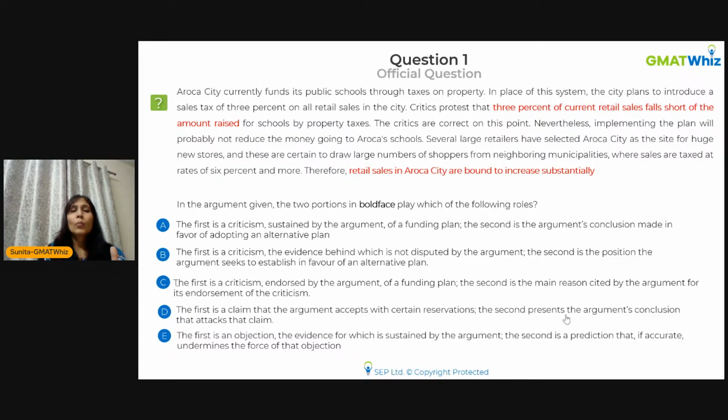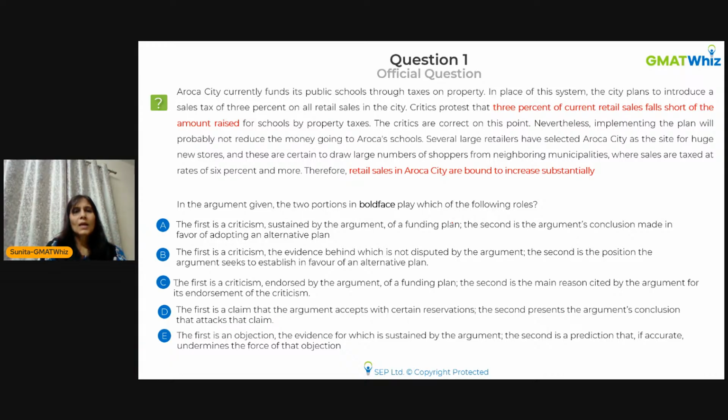Whether any statement is a premise, counter premise, main conclusion or intermediate conclusion, you can only decide on these roles once you have read the full paragraph. All right, so this is a 700 plus level question, Shweta. All the questions in today's session are 700 plus level questions. All right, so let me get started with this process.